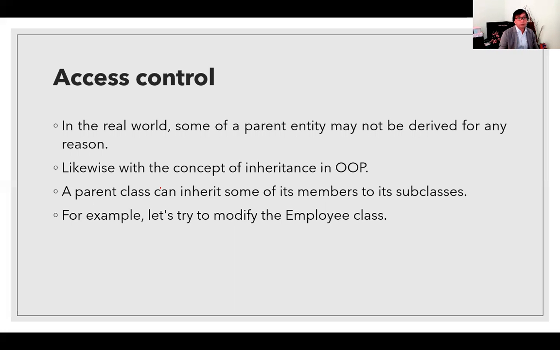Like in the real world, maybe a parent only shares some of the attributes or some of the methods. So in Java, there are four main access controls. The first one is private, the second one is protected, the third one is package, and the fourth one would be public.